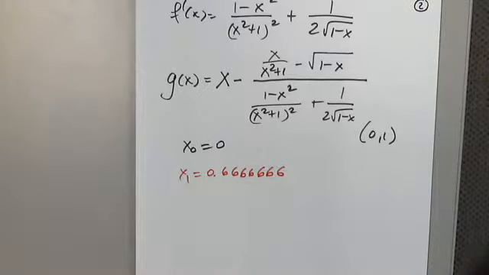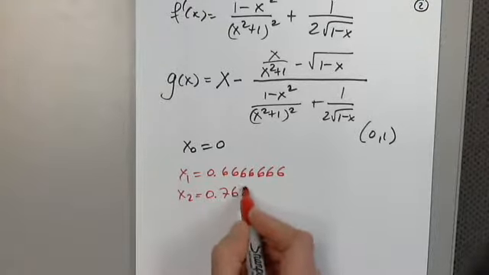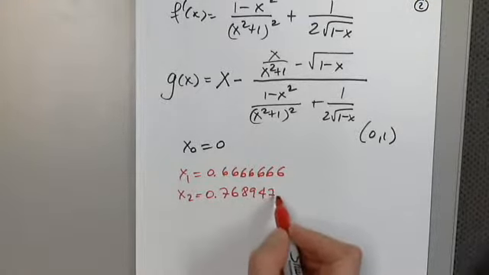Okay. Then second entry, and I overwrite with the previous answer and close the parenthesis. What is this? X2. 0.768947.